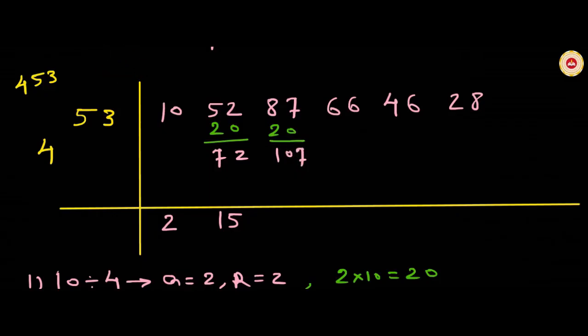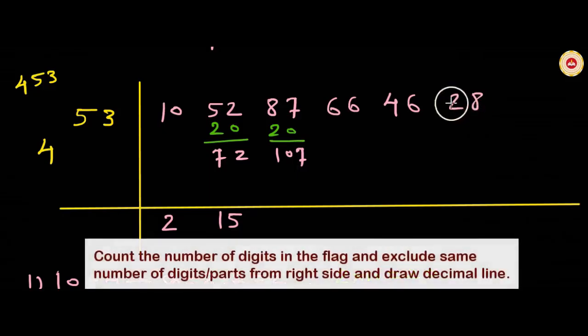But friends, this time also we forgot to write the decimal line. See, count the number of digits in the flag. How many digits? 2 digits. So leave or exclude two parts from the right side and draw the decimal line.